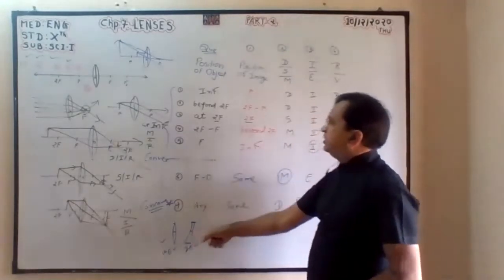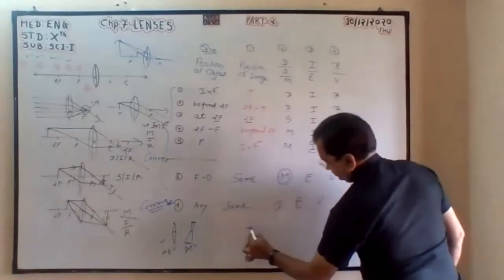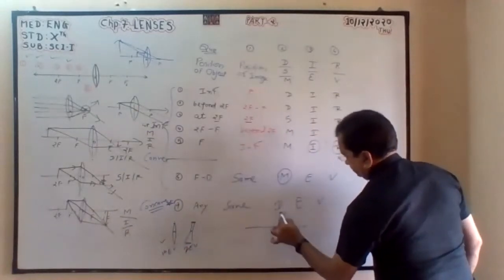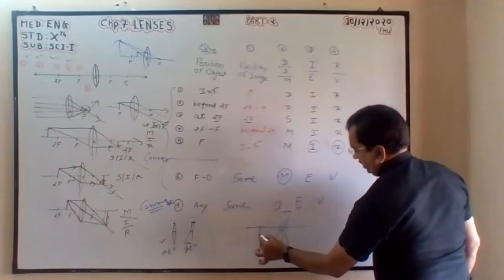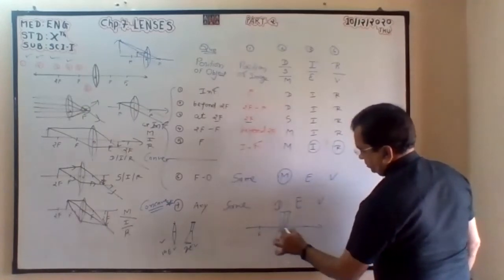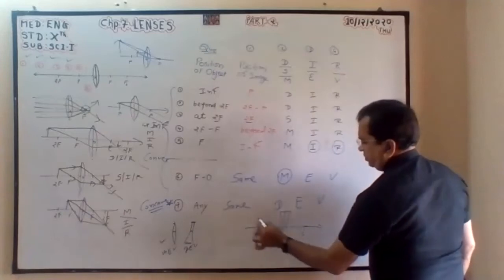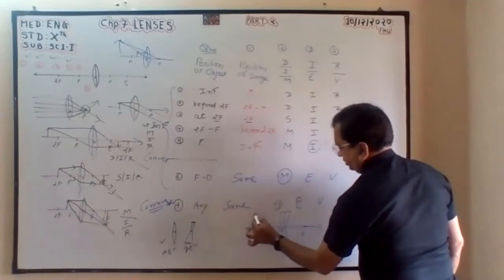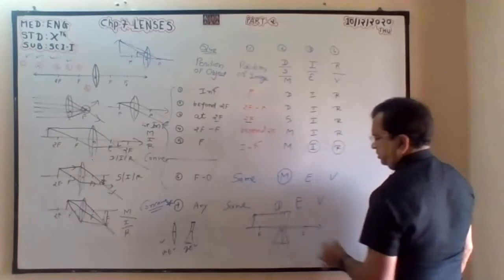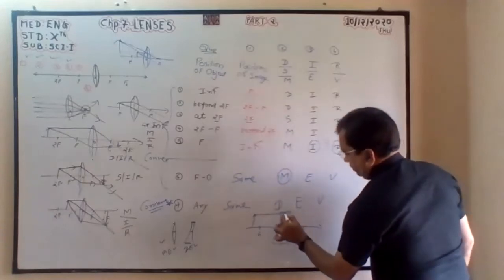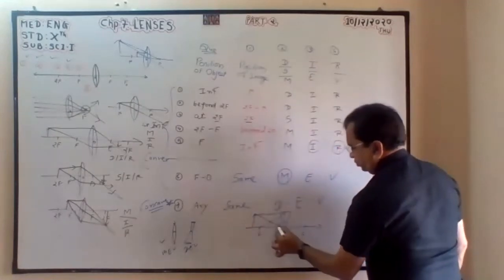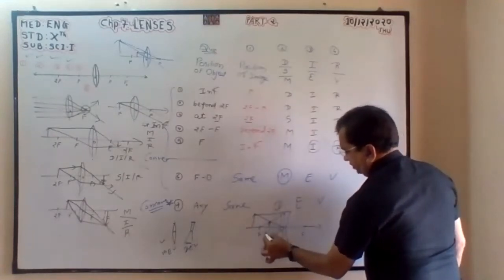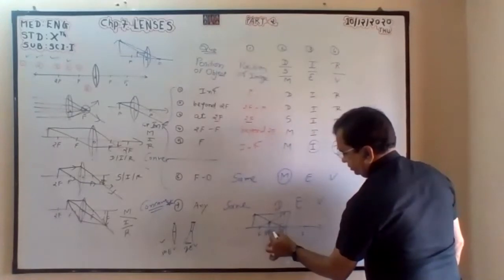How to get the image in this? This is O, this is F, this is F. Anywhere, suppose the object is here, you just cross, it will cross to this F, not the opposite F, and this crosses to O. So always diminished, erect, virtual.